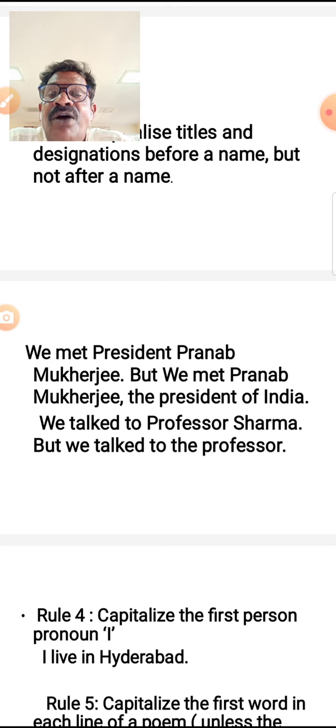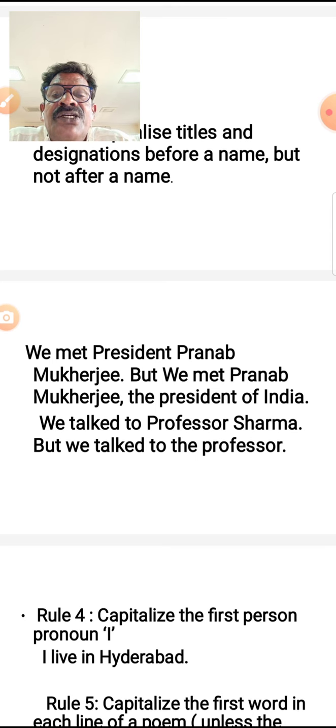That is why we have W in capital. President is a designation, so P is capital letter there, and then next Pranab Mukherjee, P is capital once again, and M also you can find in capital letter.